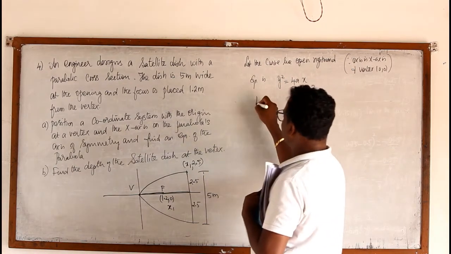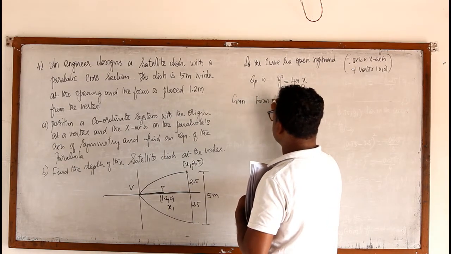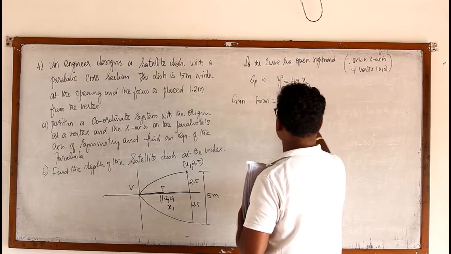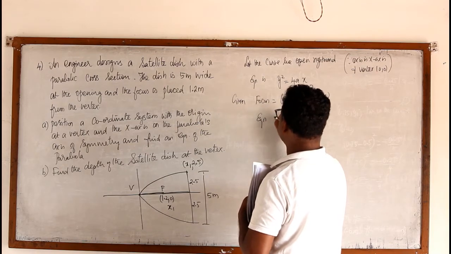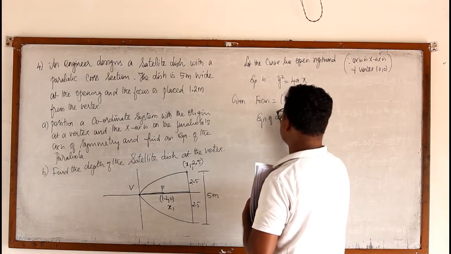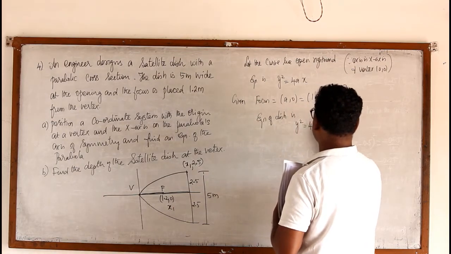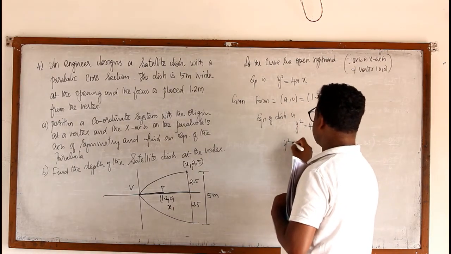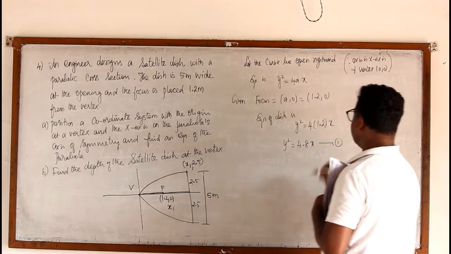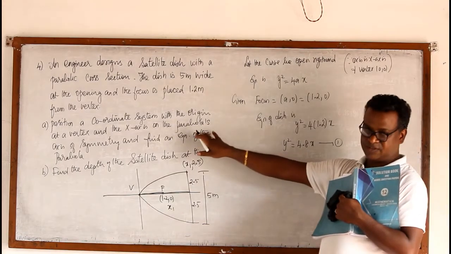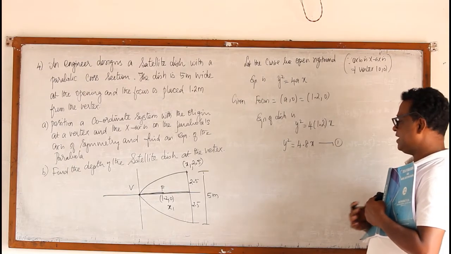They gave the focus, then the focus is (a, 0), that is (1.2, 0). Then the equation of the parabola, the equation of the dish, is y square equal to 4 into 1.2 into x, that is y square equal to 4.8x. This is the equation of the parabola. This is the answer for the first question. So the equation of the parabola we found is y square equal to 4.8x.